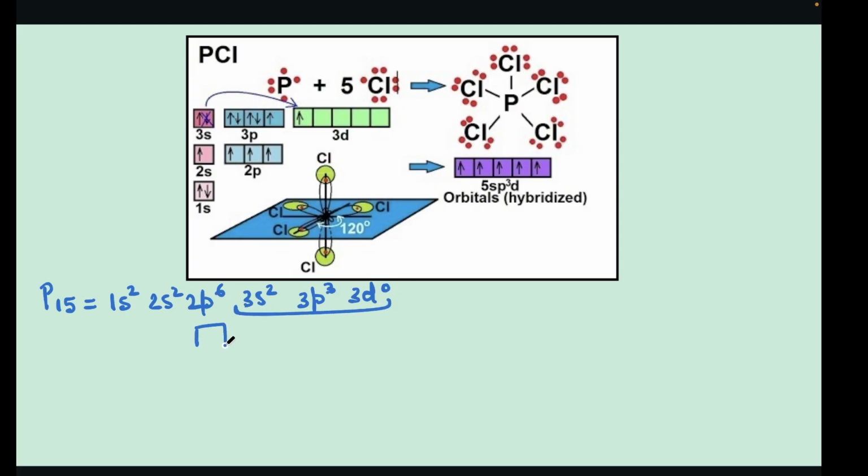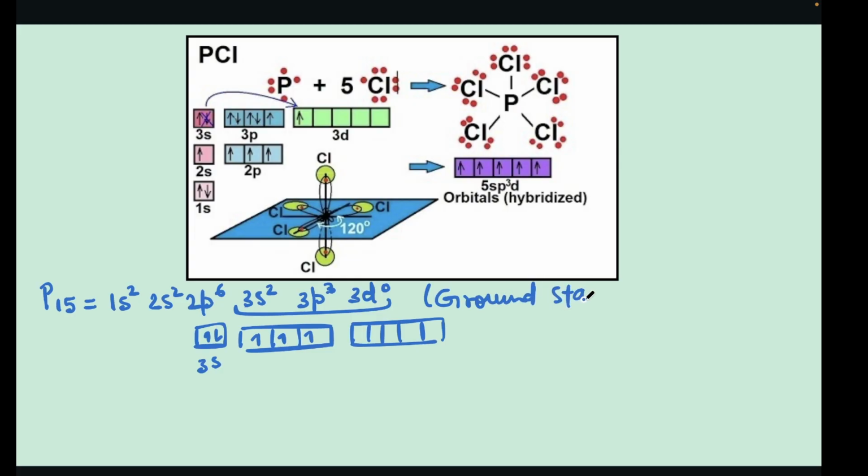It is like 3s orbital has 2 electrons, 3p orbital has 3 unpaired electrons, and this is the 3d orbital. This is the ground state of phosphorus, and it needs 5 unpaired electrons to react with 5 chlorine.